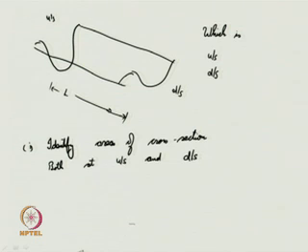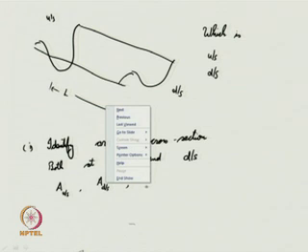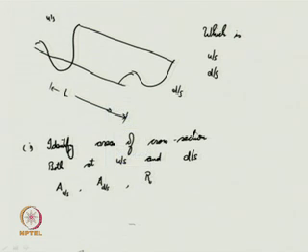Not only that, you have to evaluate the hydraulic radius at upstream and the hydraulic radius at downstream. If Manning's coefficient n is the same at upstream and downstream, well, good, you can take it as n itself, or you can suggest n at upstream and n at downstream.